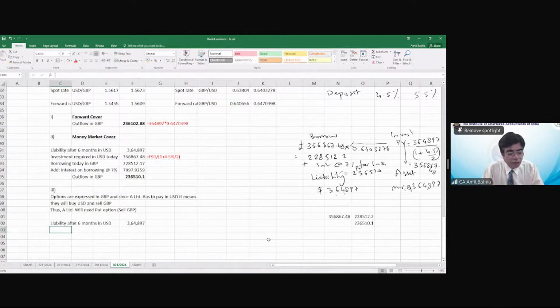Because 12,500 GBP is the size of the contract. So how many units are allowed in an option contract? 12,500. But this is GBP, right? Yes. This is GBP.